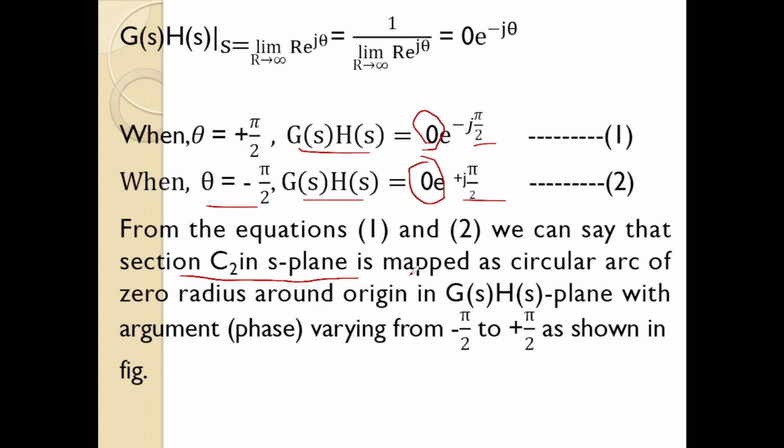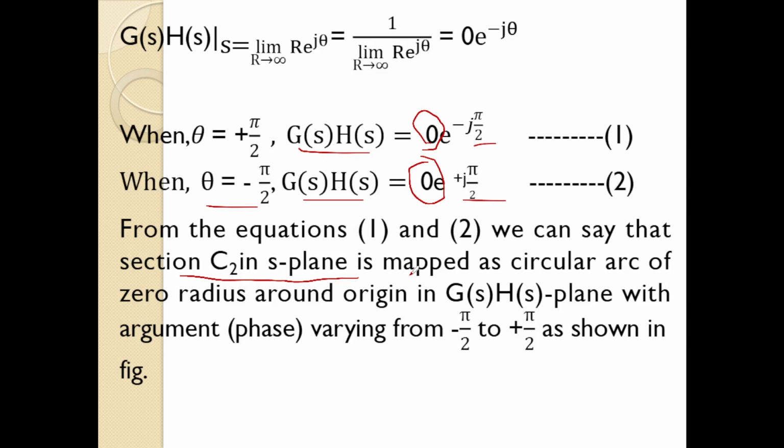This is our C2 section on S plane. Okay, this is the C2 section on S plane. So when you map it on the G of S, H of S plane, this is an arc which is lying at the origin, whose radius is what? 0. R value is 0. Radius, R means radius here. So R value is 0, which is varying from minus pi by 2 to plus pi by 2.